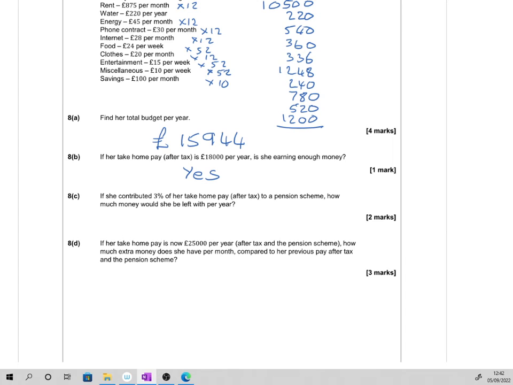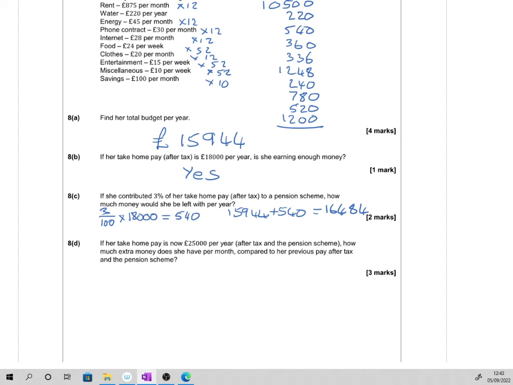So let's find out what 3% times £18,000 is. So 3 divided by 100 times 18,000 is 540. So that we can add that onto the budget. So now she's got to pay 15,944 plus 540, which is 16,484, sorry.